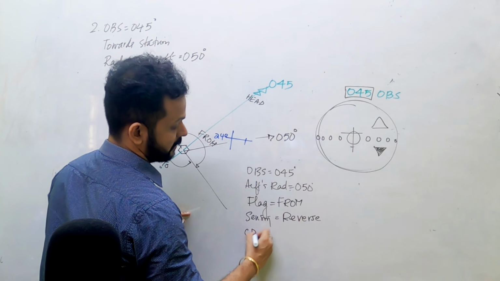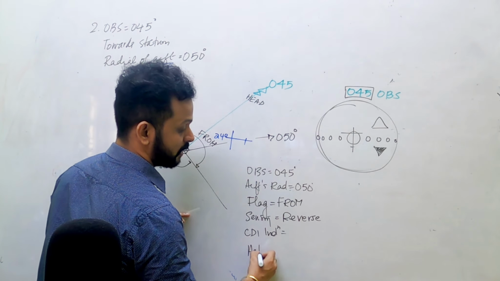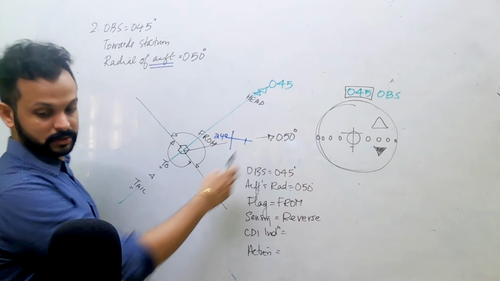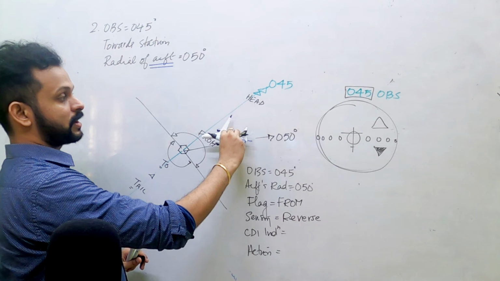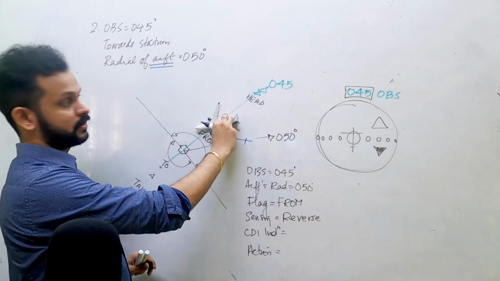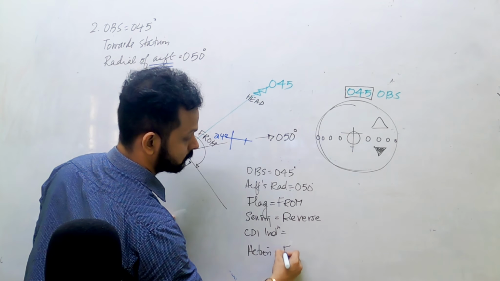What about the CDI indication? To understand the CDI indication, first look what action you are supposed to take if you want to get to the required radial from the diagram. So this is the aircraft here. If I want to get to the required radial, I have to bank right and turn right to intercept it. Therefore, I am supposed to fly right.